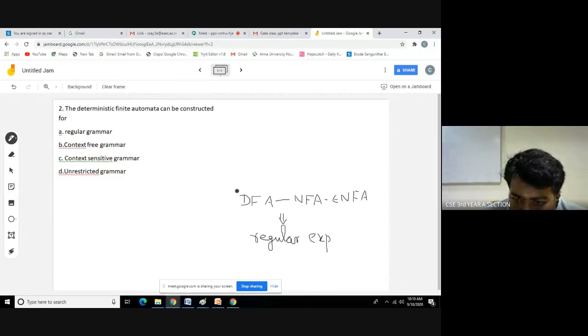These types of finite automata can all be constructed by regular expressions.